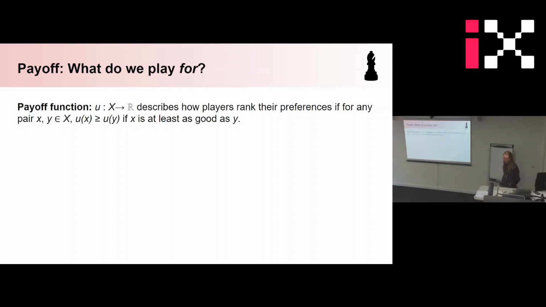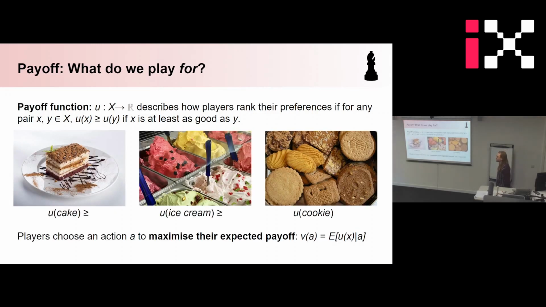If you're playing a game for something, so there's a payoff, and that basically just means when you make a decision, you need to attribute a kind of function to it that says what is the outcome you like and how do you rank this. And so to take a very low-level example, but it's a decision, imagine I make you choose a dessert, then the payoff function here would be that you like cake more than you like ice cream, and you like that more than you like cookies.